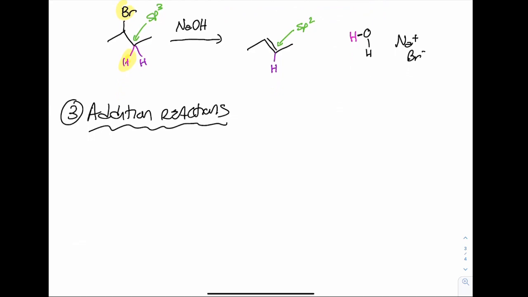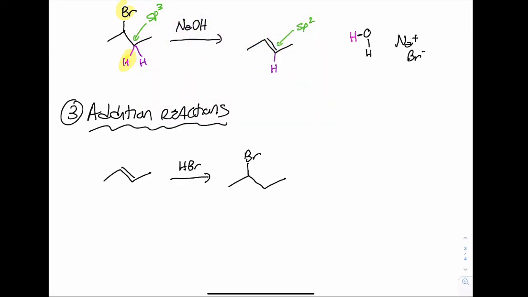If it's the opposite of an elimination, we're forming a pi bond. Here we're breaking a pi bond. So an example, I'm going to start out with an alkene, and let's add HBr. And I'm going to end up putting a bromine on one side of that double bond, a hydrogen on the other side of that double bond.